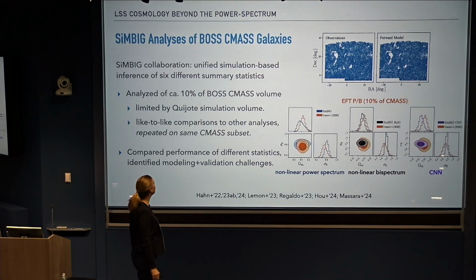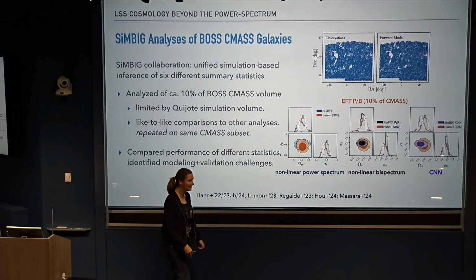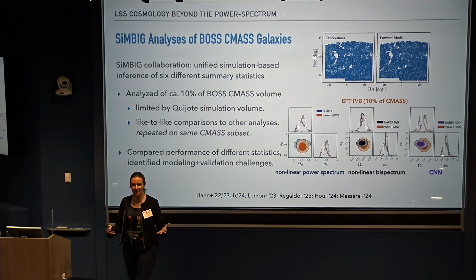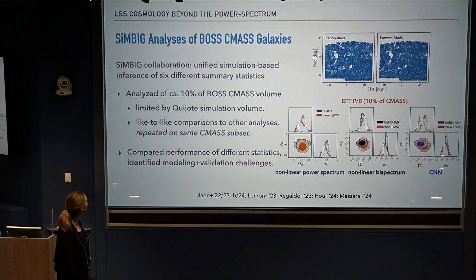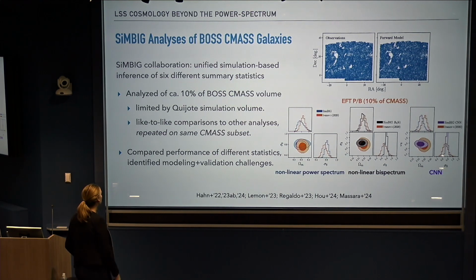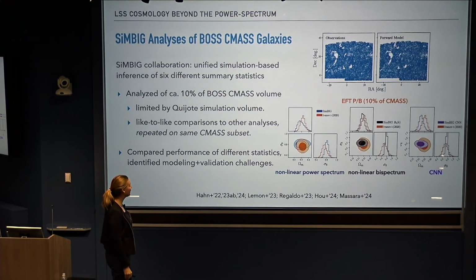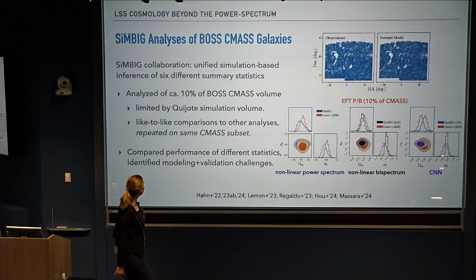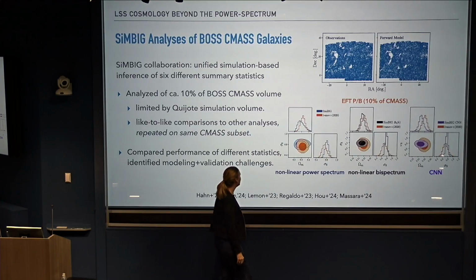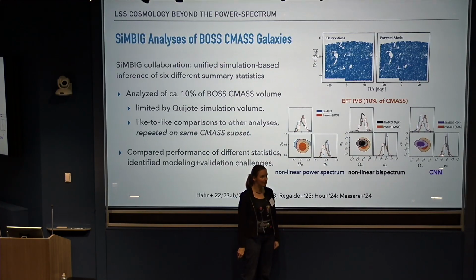And we already heard about SimBIG yesterday, who showed some impressive first constraints for a range of statistics from galaxy clustering. So here they analyzed about 10% of the BOSS CMASS volume, which was limited by the Quijote simulation volume, and then did like-to-like comparison to other analyses, which were repeated on the same CMASS subset.